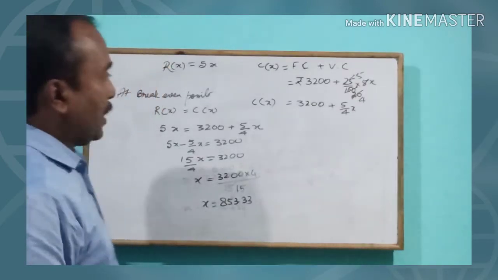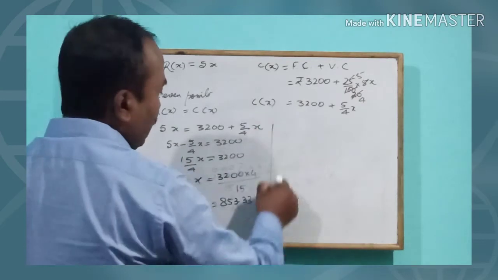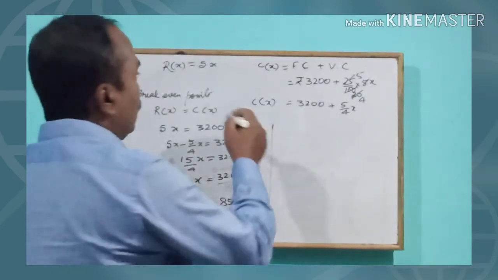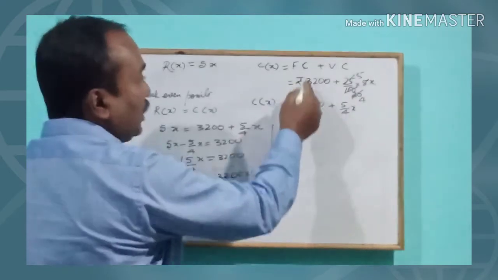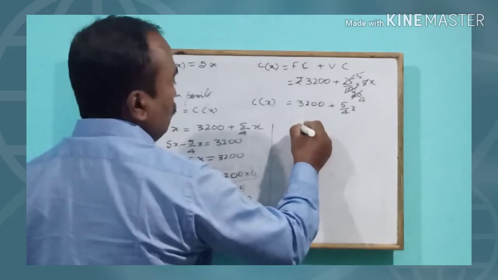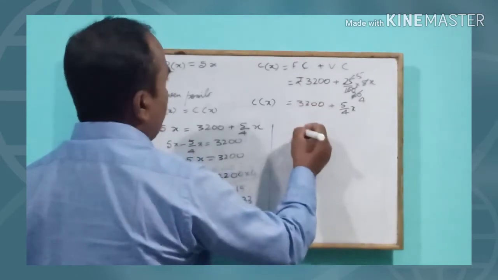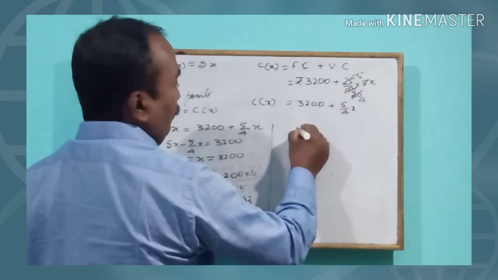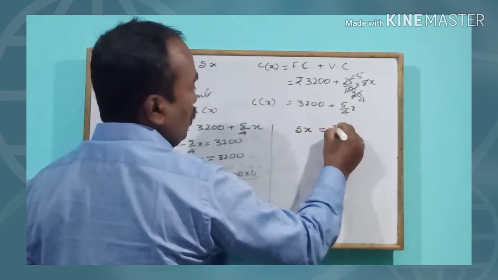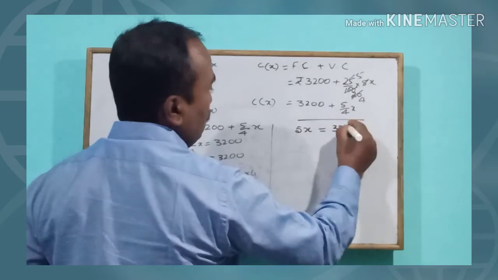Now the last part of the question is, how many quantities should the company sell in order to recover the fixed cost at least, so that there is no loss of the fixed cost. So revenue function 5x should be equal to the fixed cost 3,200.